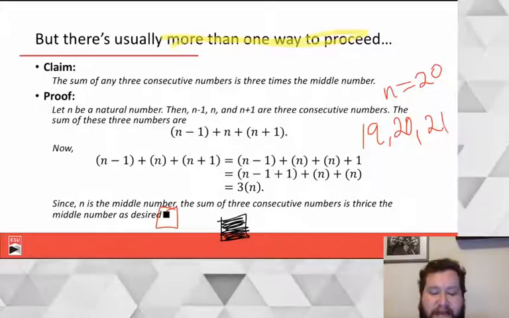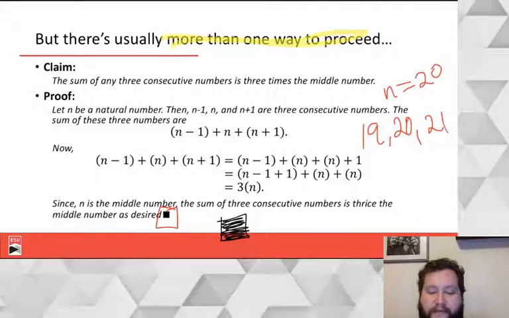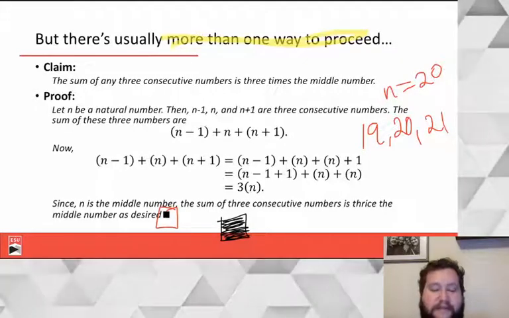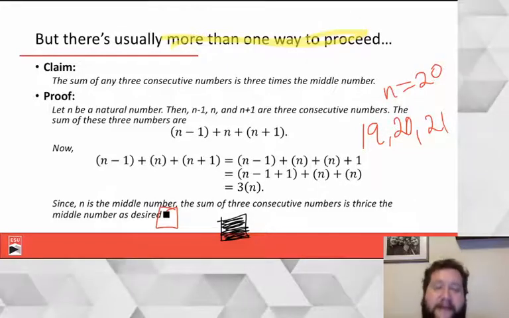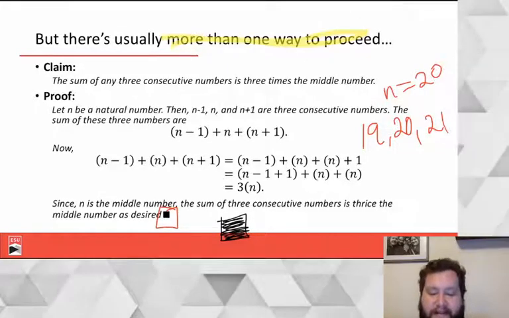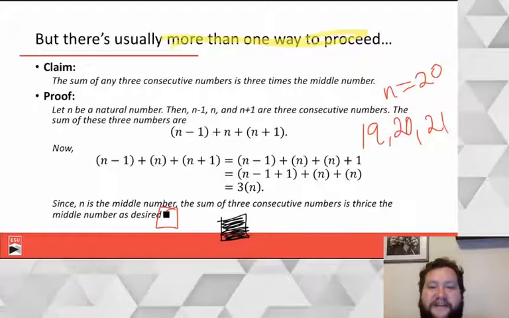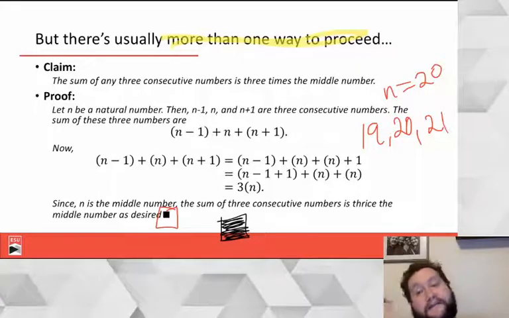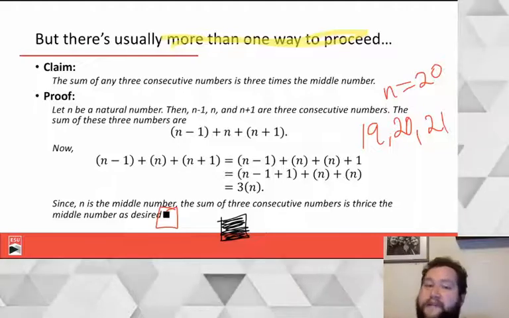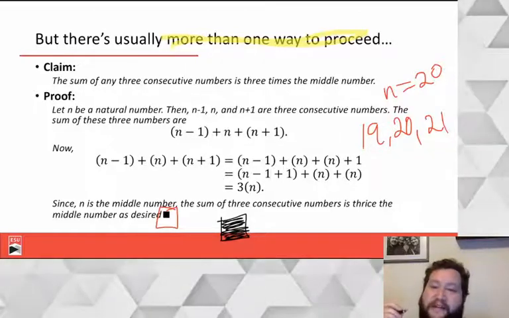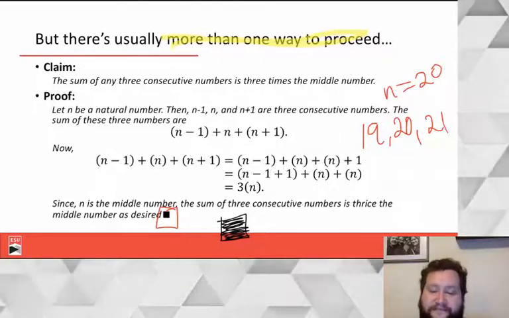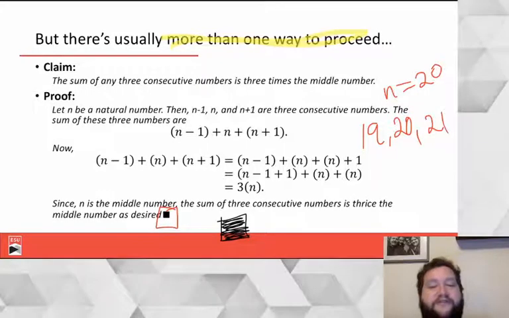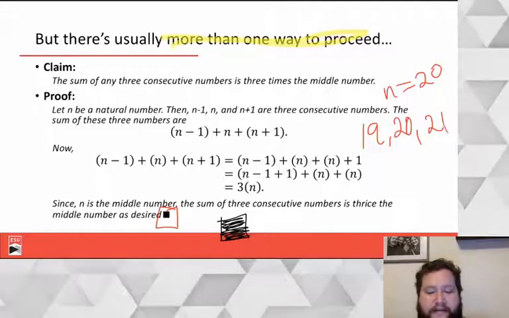And so since n is the middle number, the sum of 3 consecutive numbers is 3 times the middle number as desired. And then we put our satisfying black square. My undergrad professor called it a satisfying black square, because sometimes proofs take a lot of time to get through, and it's really satisfying when you get to the end and you can put that black box. And so just know, conventionally, we put a black box at the end of our proof.